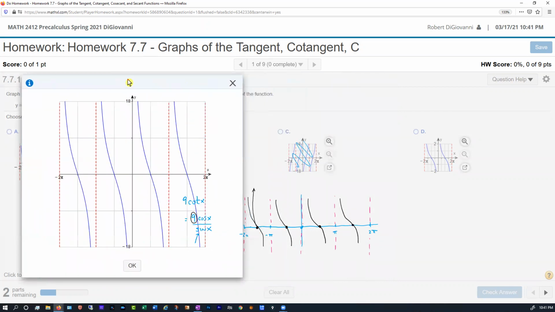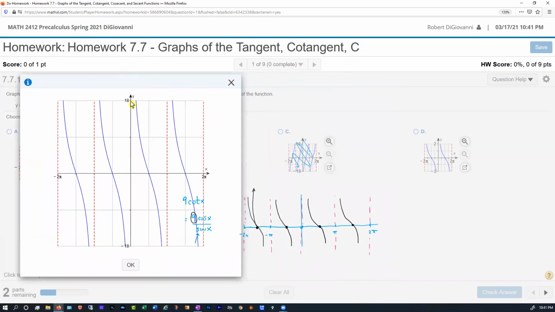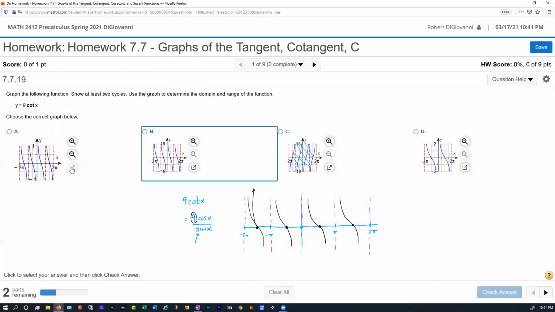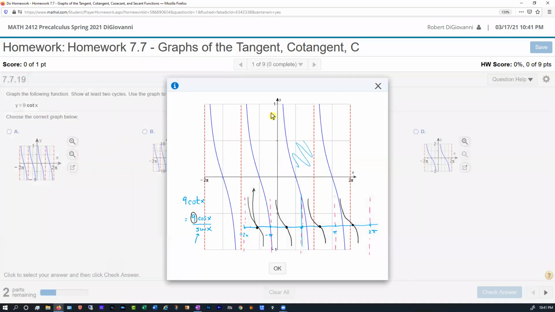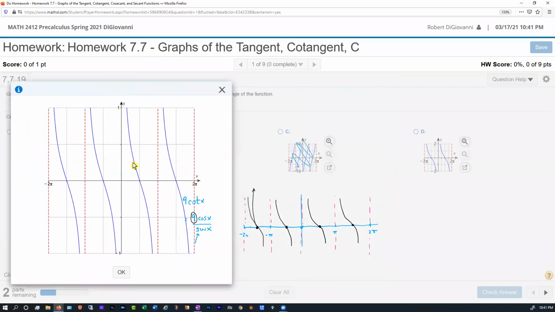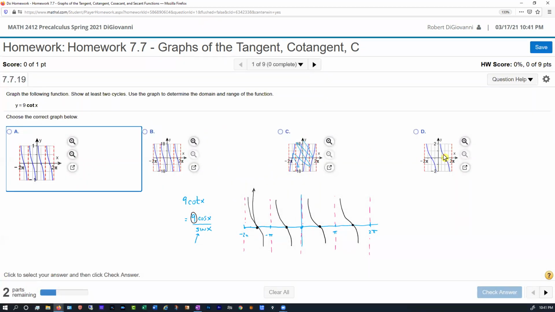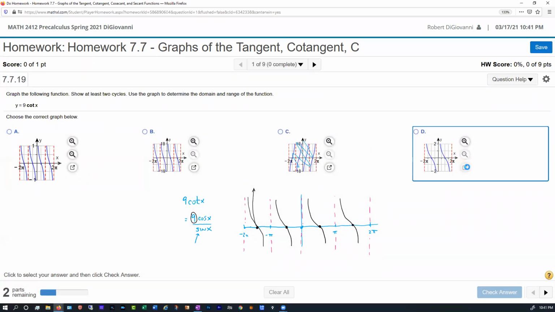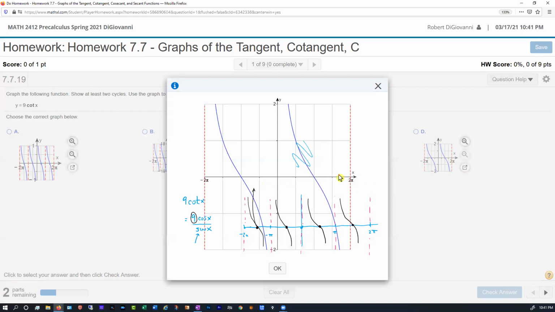Now, notice here that our y value is 18. And over here on this one, our y value was 1. So comparatively speaking, this one has not been stretched out vertically where the other one has. Let's look at this last one. This one's not going to work because it has vertical asymptotes only at 2 pi and negative 2 pi.